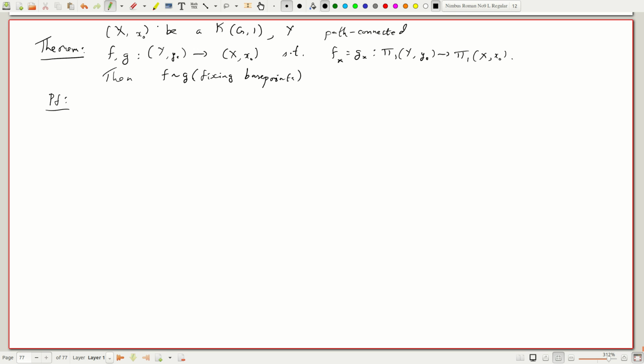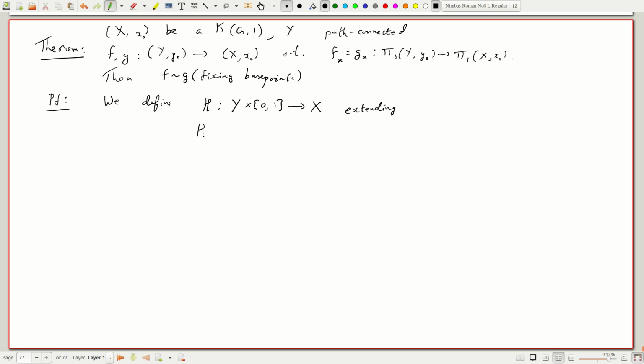Okay, so this is the result, and the proof is we define H, where one should remember the domain space is Y cross 0, 1 to X, extending. Well, what do we already know?